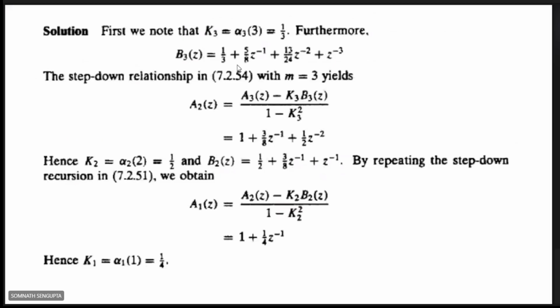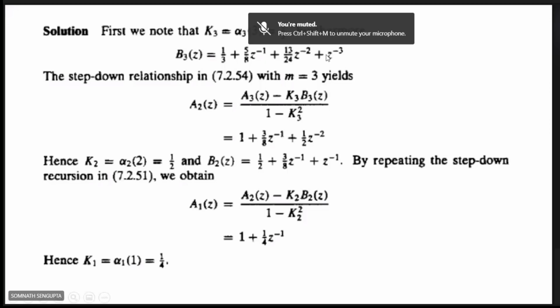Then with the step down relationship, with m equal to 3, we calculate A2z. A2z is equal to A3z minus K3 B3z divided by 1 minus K3 square. Both A3 and B3 are known. B3 is calculated from A3 itself.